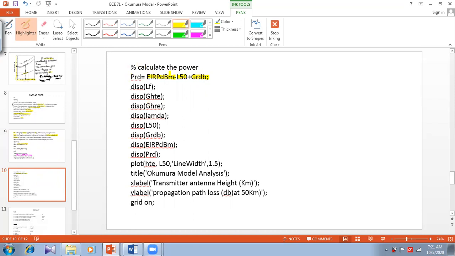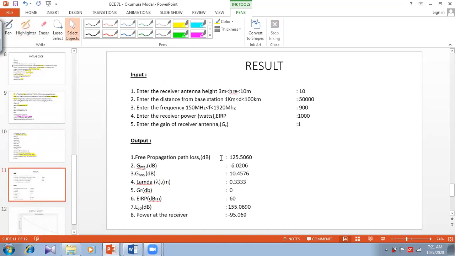With this, we calculate the received power, and now it's all about displaying all the results you have got, and you can also have a graph between your transmitter antenna height and your propagation path loss.